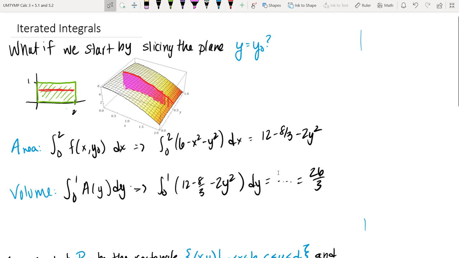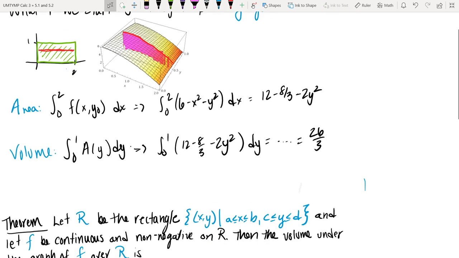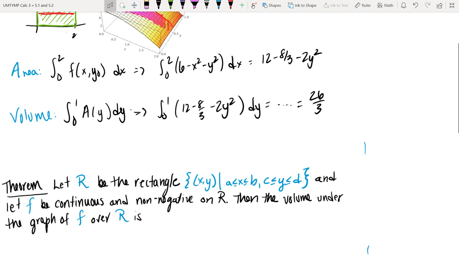So it truly doesn't matter which order you do these in, and in fact the theorem below encompasses that.